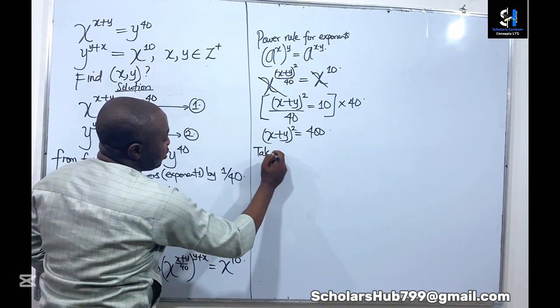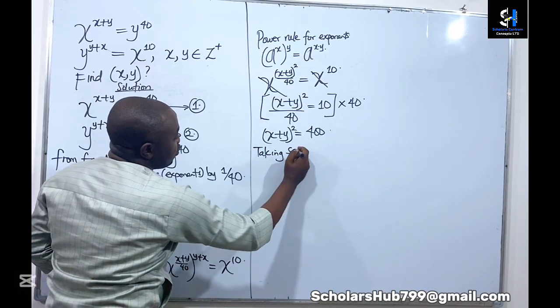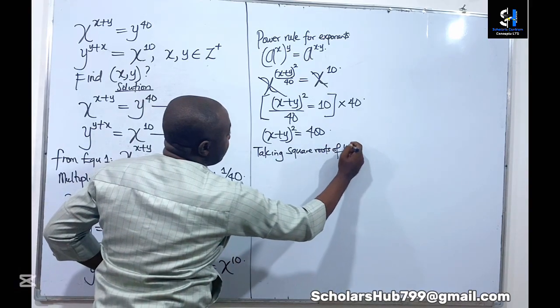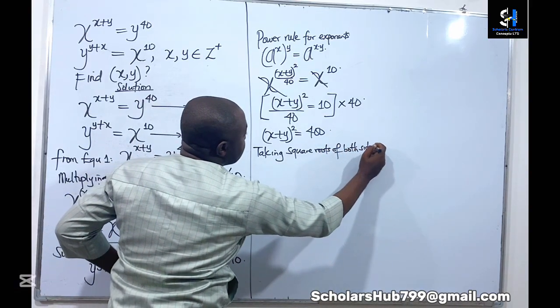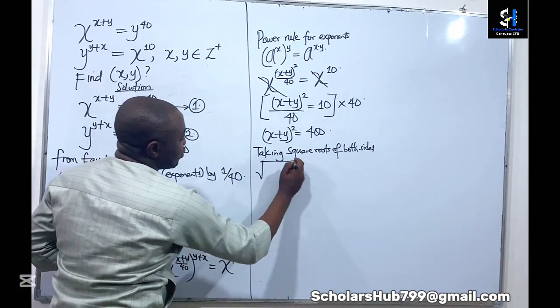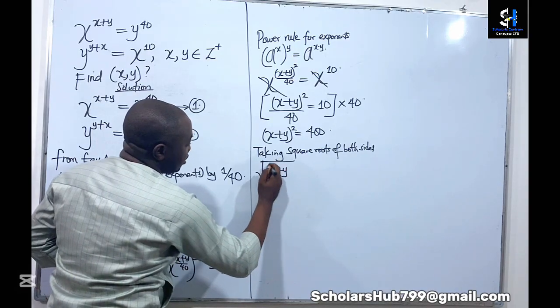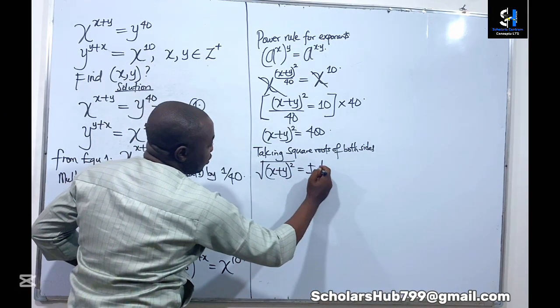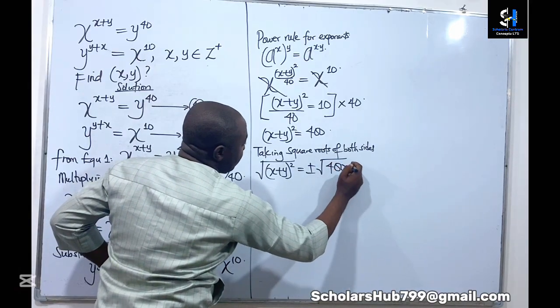Now let's get rid of the power. So in that case, we're going to take the square root of both sides. So x plus y will be equal to plus or minus the square root of 400.